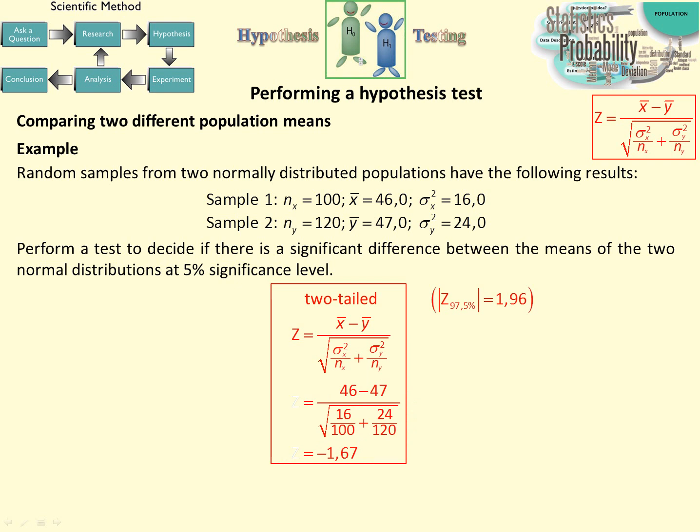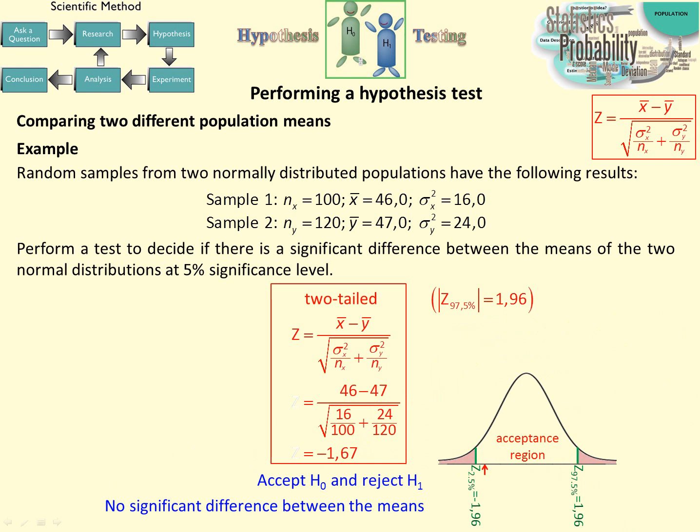Well, it needs to be either below negative 1.96 or above 1.96. So in fact, there's 1.67 there, and there are the tails there. So we're going to accept the null hypothesis and reject the alternative and say no significant difference between the means.